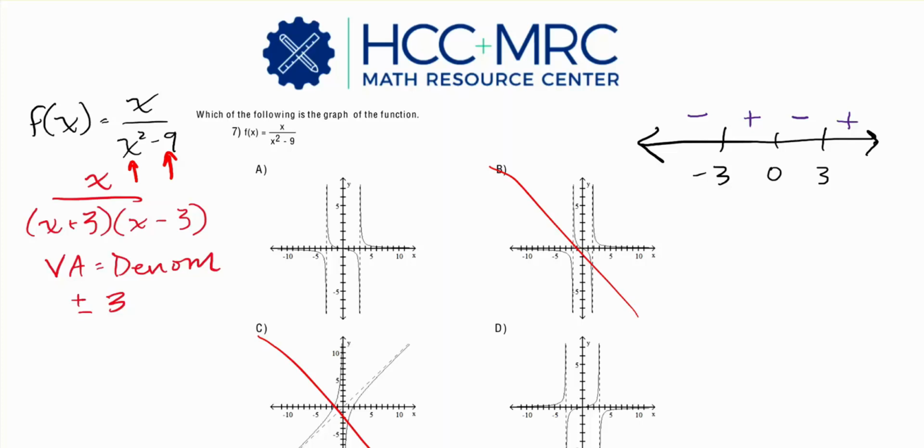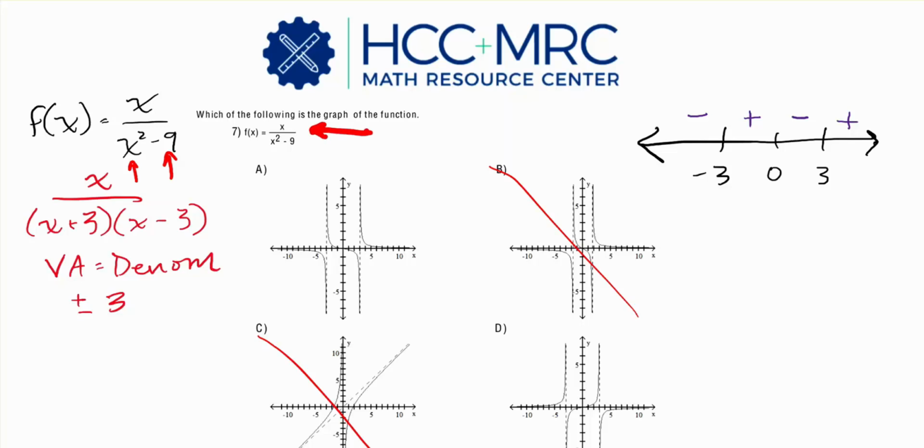When we did the tests here, when I used a -4, I got a negative value. When I used a -1, I got a positive value. When I used a 1, I got a negative value. And when I used a 4, I got a positive value. And that's just plugging in a number into this original function and determining whether or not the answer is positive or negative.